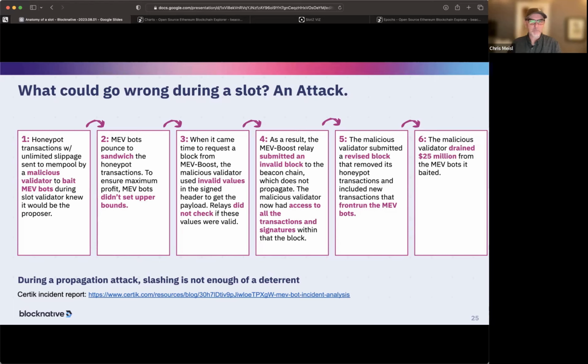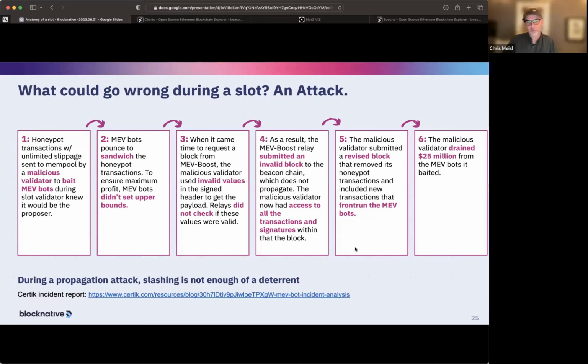And so bots came in and saw that and said, "Oh, I can make $100 or euros here. Oh, I can make 1,000, or I can make 10,000." They just ramped up and said, "Wow, there's like no boundary on this slippage. So I'm going to basically go for everything I possibly could go for."